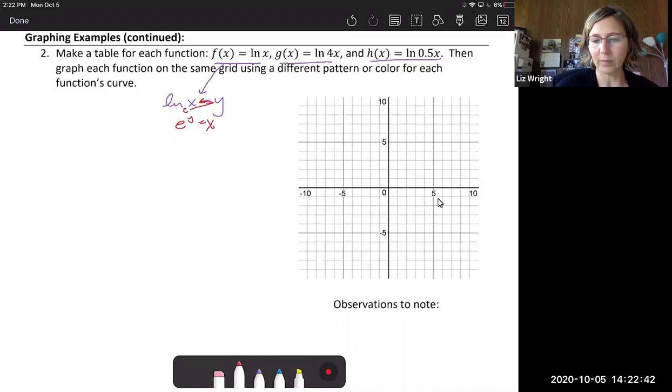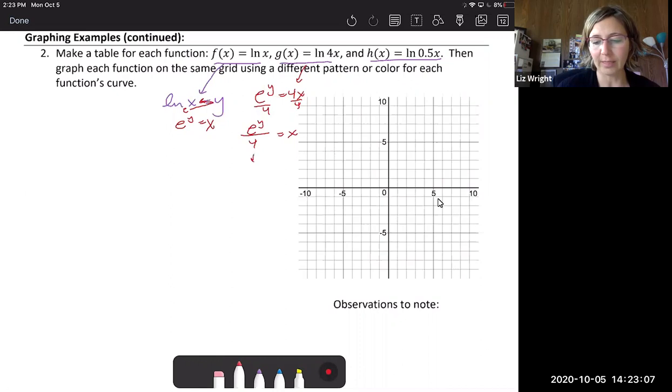Then for this next one, we've got a little bit more work to do, so be careful. We've got e to the y equals 4x, and we still have to solve for x. So we're going to divide both sides by 4. So we've got e to the y divided by 4 equals x. I think it's a little bit easier to put in your calculator.